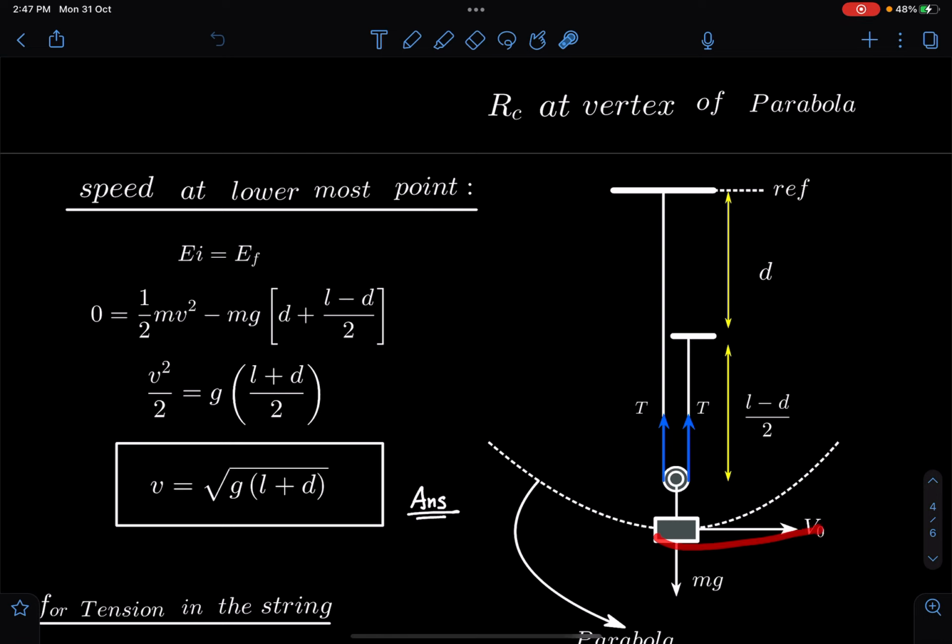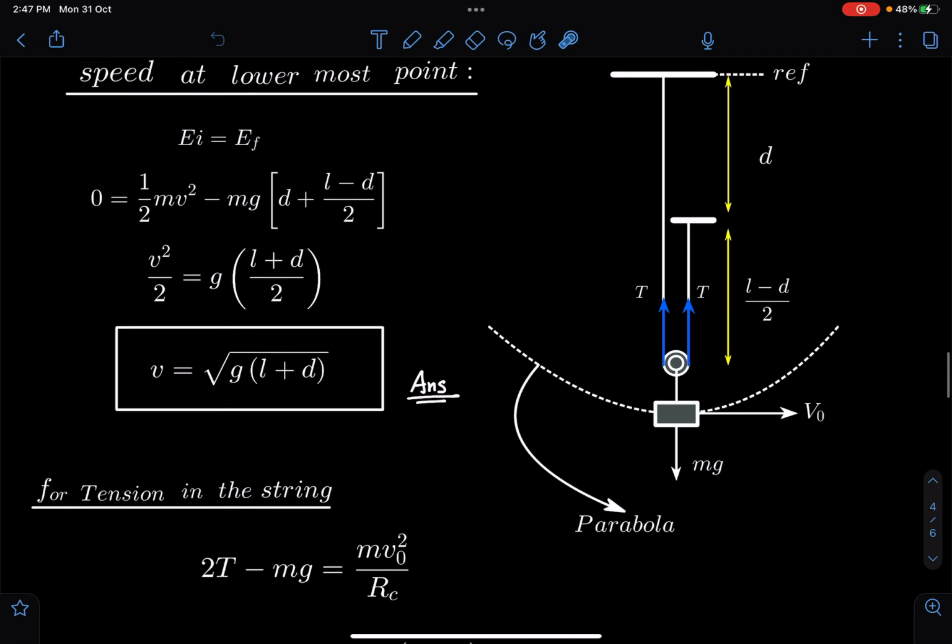But once it reaches here, this block is at a depth of d plus (L minus d) by 2, this entire length. So applying energy conservation, I get v square by 2 equal to g times (L plus d) by 2. If I simplify this, I get v is equal to root of g(L plus d).